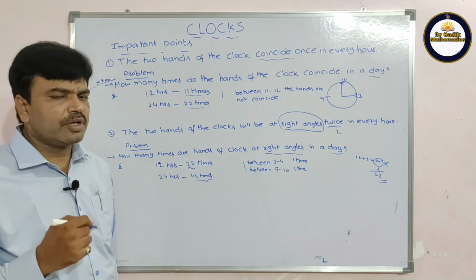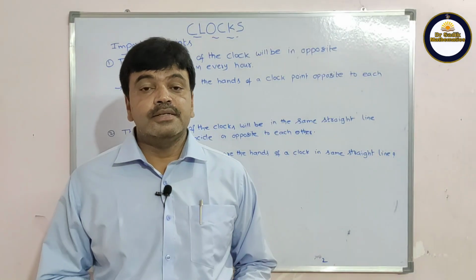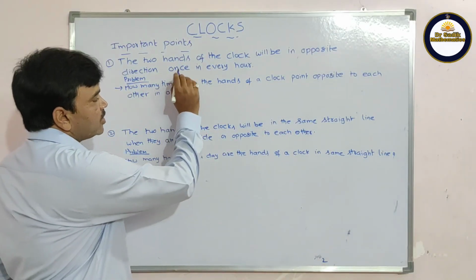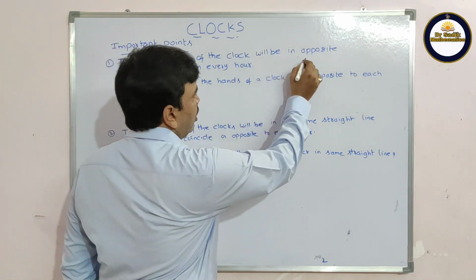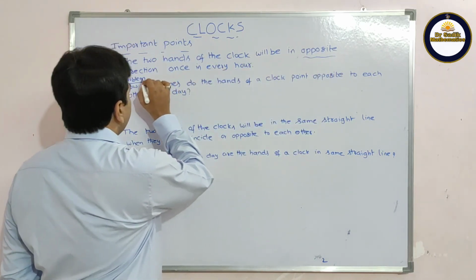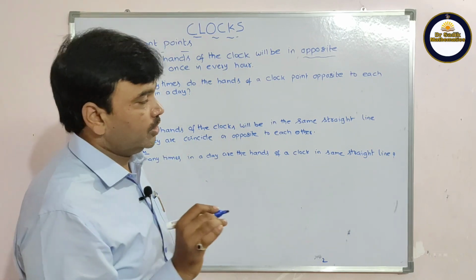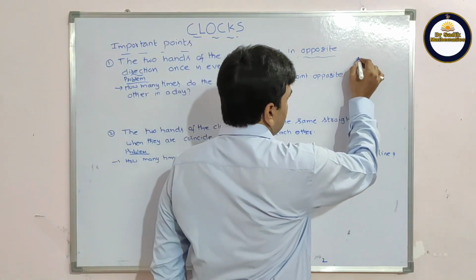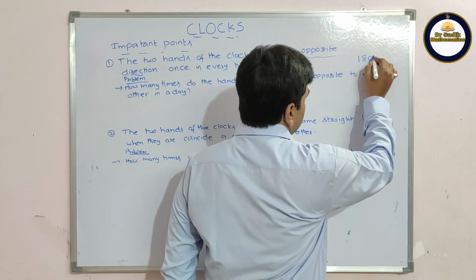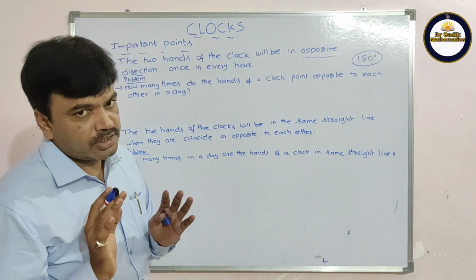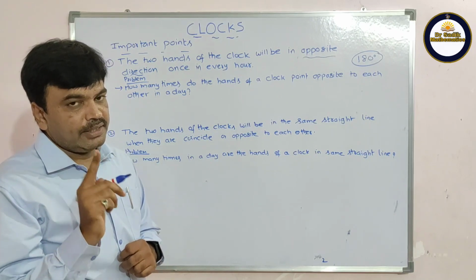Let us see some more important points, friends. The hands of a clock will be in opposite direction. Opposite direction means how many degrees, friends? 180 degrees.